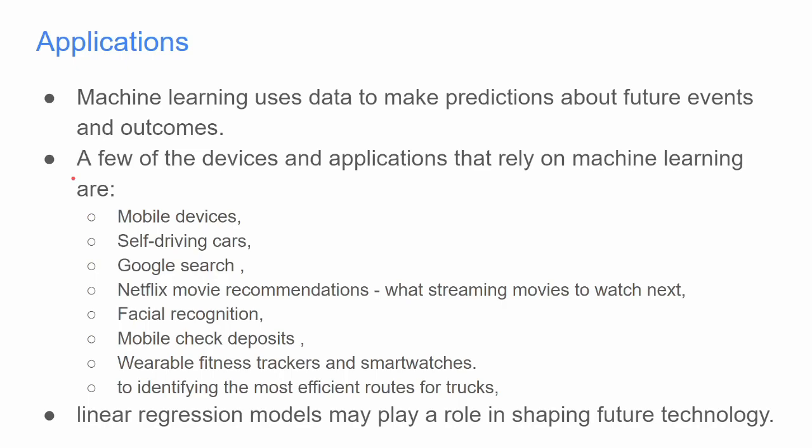Now when it comes to the applications, machine learning uses data to make predictions about future events and outcomes. A few of the devices and applications that rely on machine learning are mobile devices, which mostly everyone is using. Mobile devices rely on machine learning algorithms to collect data on whatever you are using.